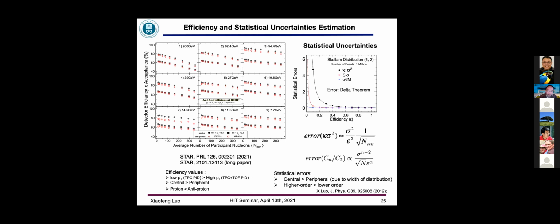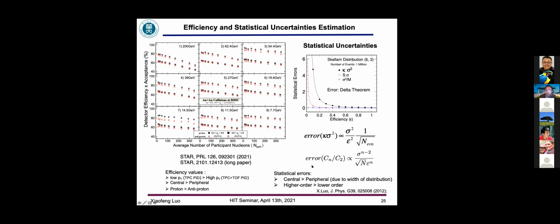The efficiency is important not only for the efficiency correction, but also for the statistical error estimation. You can see in a simulation how the statistical uncertainty depends on the efficiency. When the efficiency is lower, the statistical error is larger, and high order fluctuations have larger statistical uncertainty compared to low order.